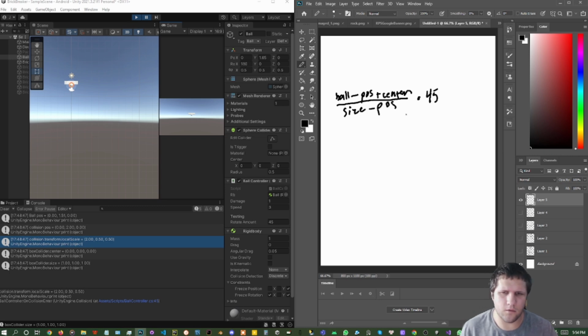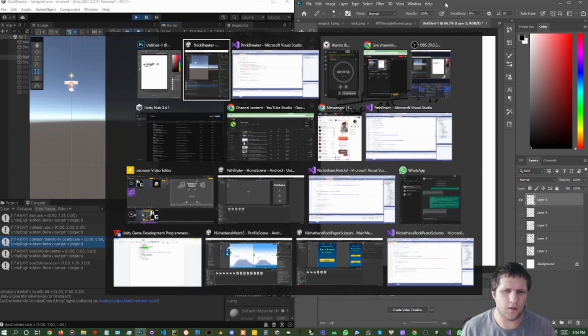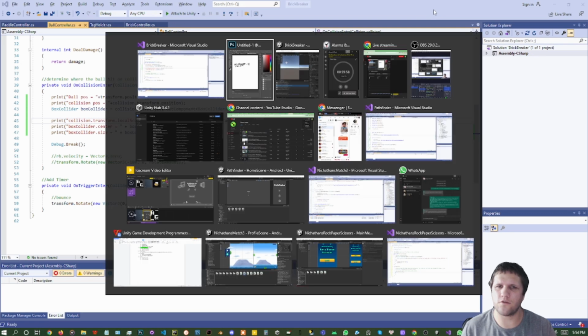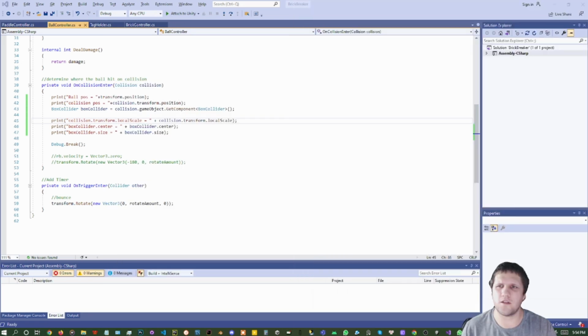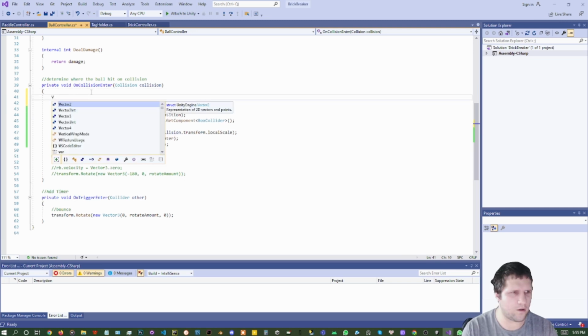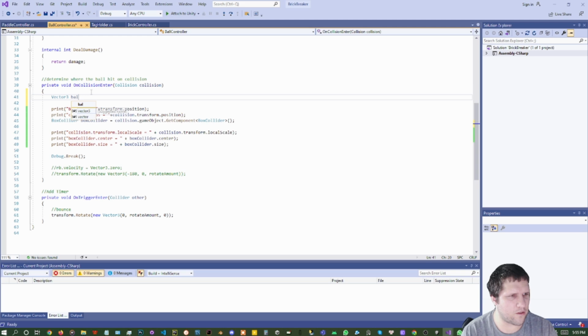Okay, so let's go into our script and make this a reality. So let me say vector 3 ball equals the transform dot position.